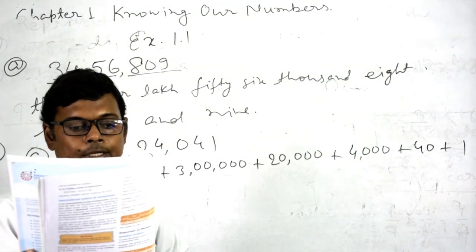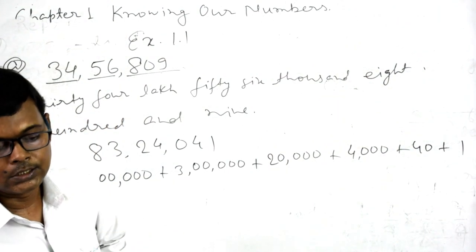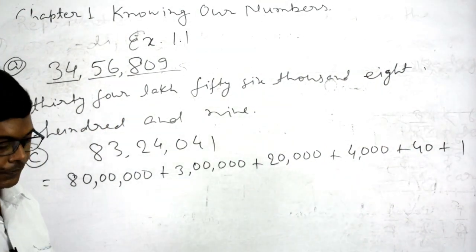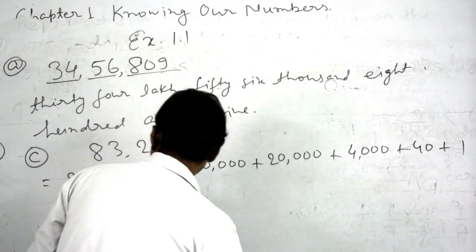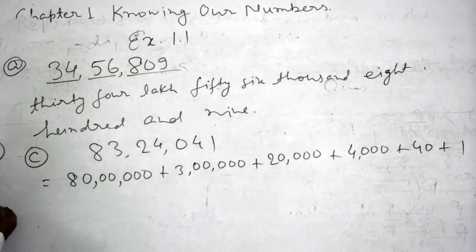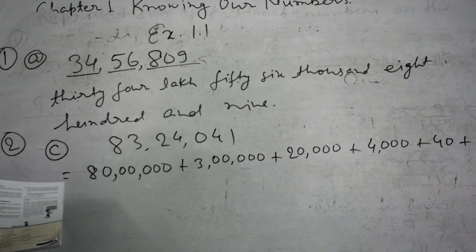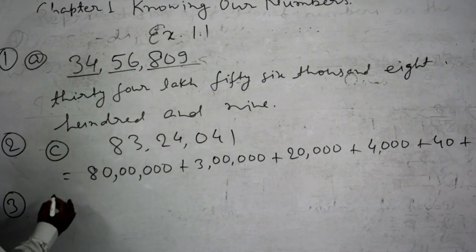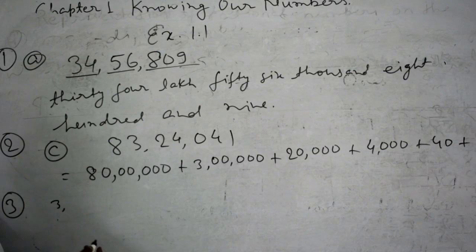Next, write each of the following in the international system of numeration. Question number 3. We are given some numbers, and we are told to write them in the international system of numeration, putting commas at different places.